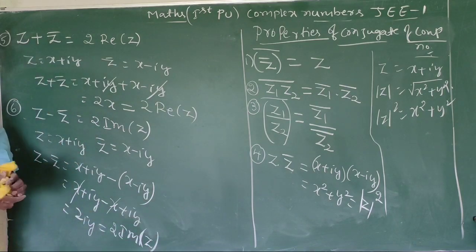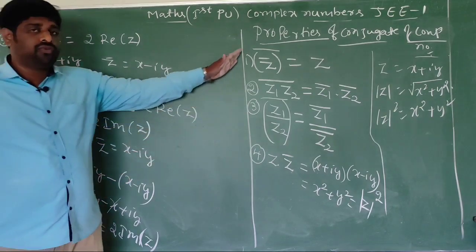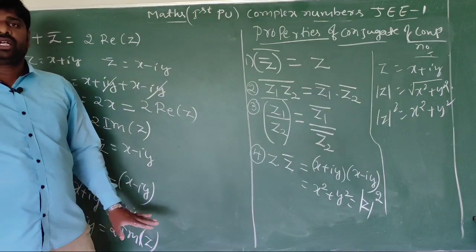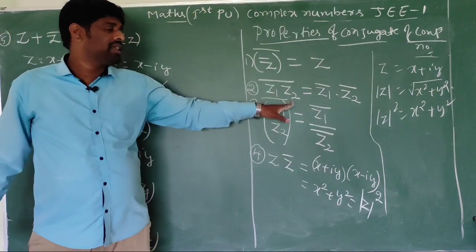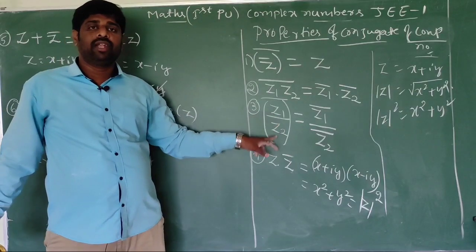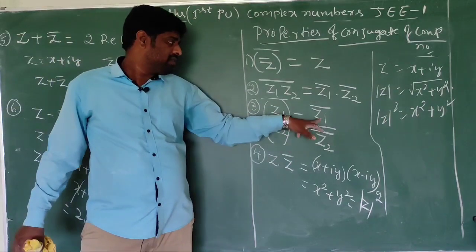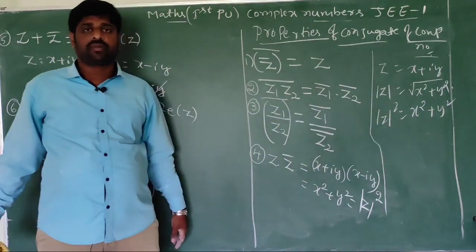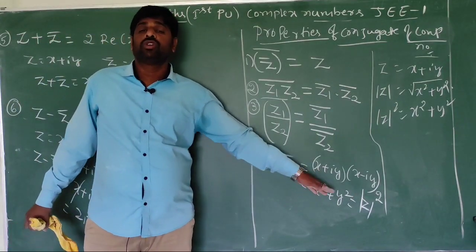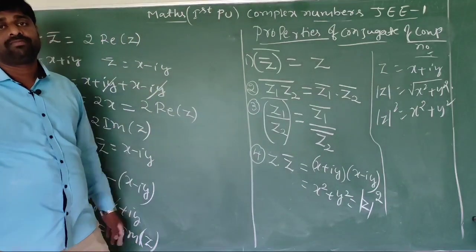Okay. Now we have studied 5 properties. Z bar whole bar is z. z1 z2 whole bar is z1 bar z2 bar. The third property is z1 divided by z2 whole bar is z1 bar divided by z2 bar. The next property is z into z bar equals modulus of z square.